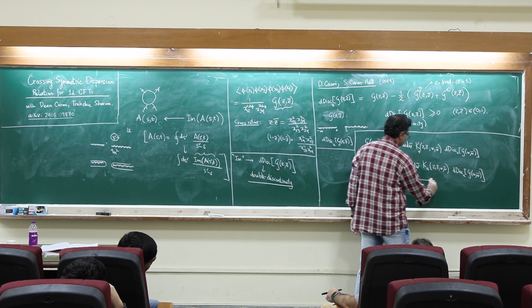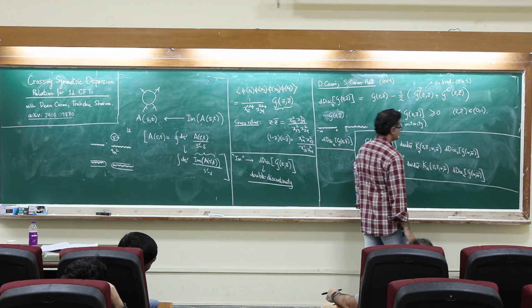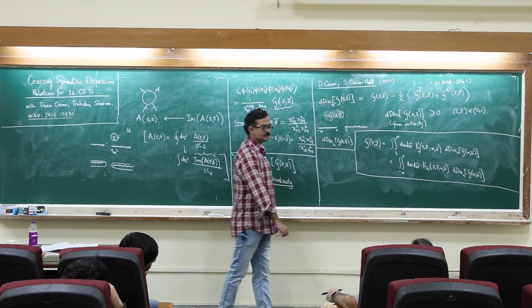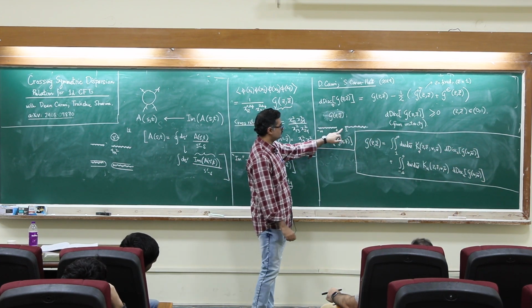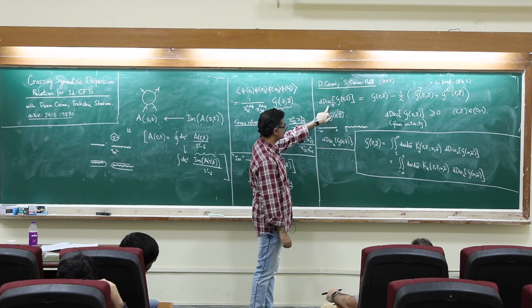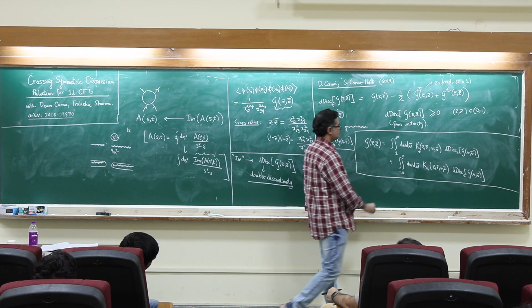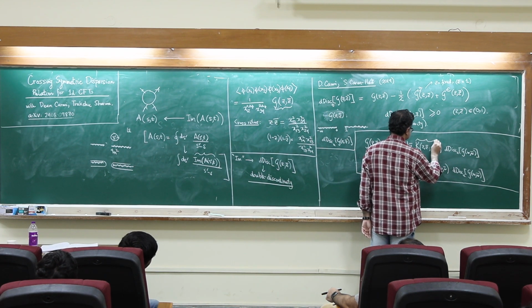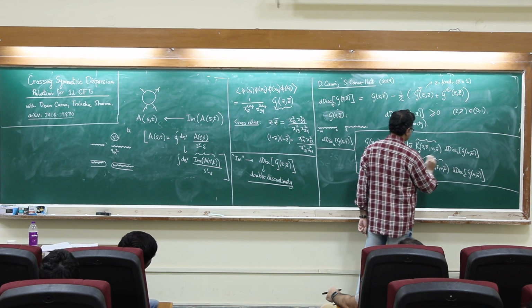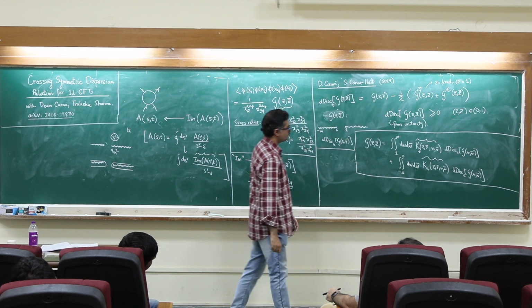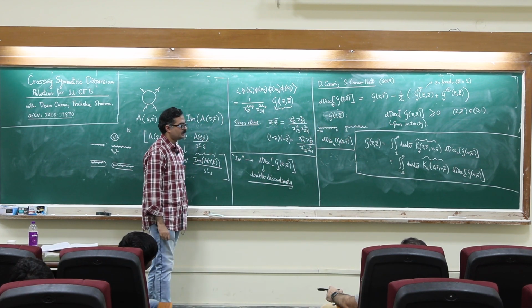The input is the double discontinuity in two channels, the so-called T channel and the so-called U channel. These objects are certain kernels, K_T and K_U, which one can explicitly determine.